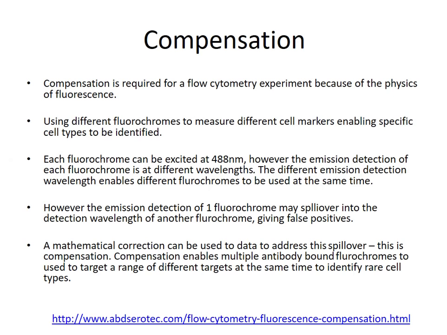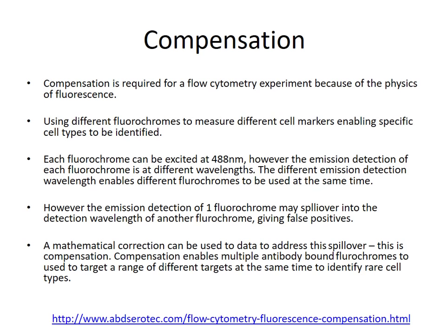So, compensation. Compensation is required for the flow cytometry experiment just based on the physics of fluorescence. Using different fluorochromes to measure different cellular markers enables specific cell types to be identified. Each fluorochrome can be excited at 488 if you're using a 488 laser.